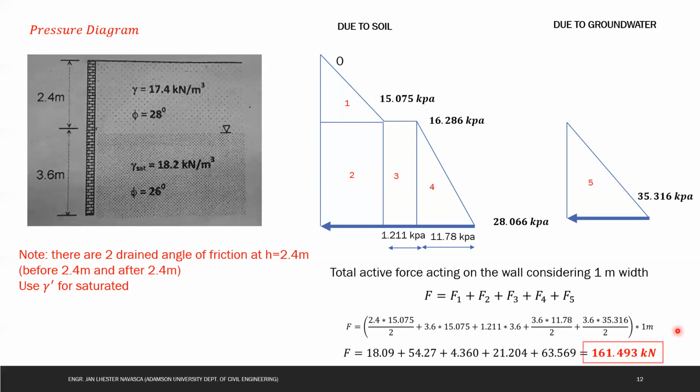So the answer will be 161.493 kilonewtons. Okay? So that's it. Just solve for the coordinates of these points. And again, when you have 2 different drained angles of friction, at the termination of 2 different types of soil, right before and right after you have these 2 values. Okay?